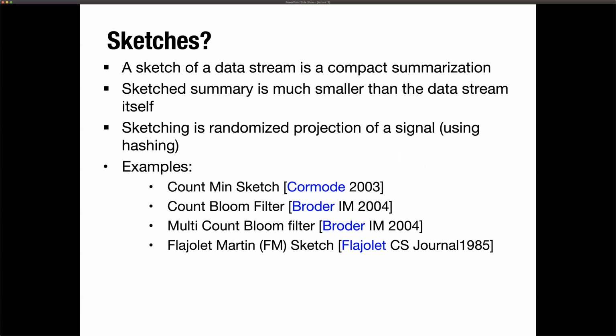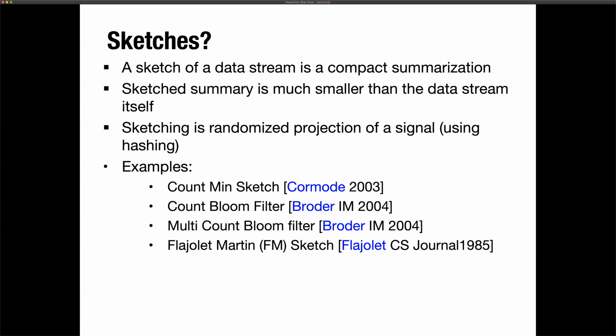So the key idea that we've been talking about for sketch-based telemetry systems is sketches, right? Now you might be wondering what a sketch is. A simple way of expressing it is that it is a sketch of a data stream, a compact summarization of the information in a stream of data. Sketches go beyond network telemetry.